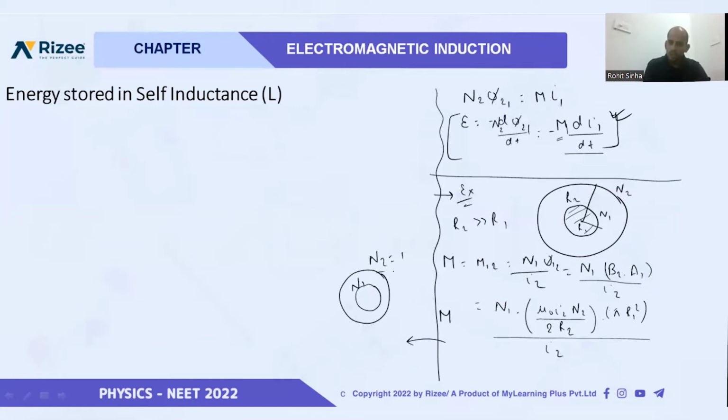What will you do? Just put N2 equal to 1 and N1 equal to 1, and you will get the value of mutual inductance. This question has been asked in your exam. You will get the mutual inductance for these two coils having single turns.